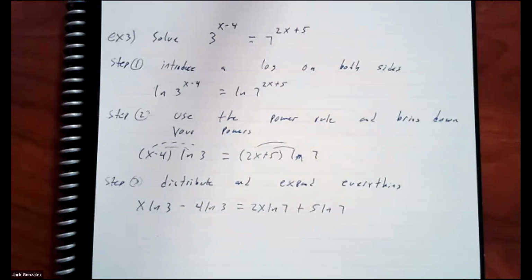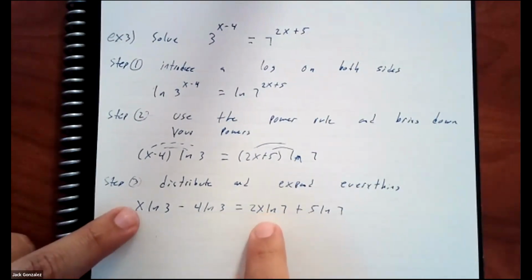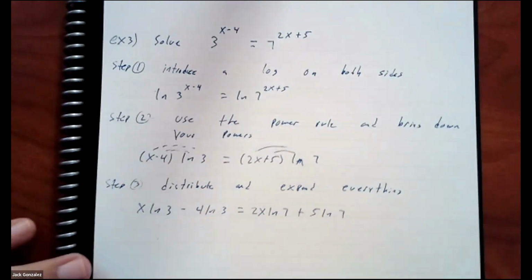Okay, so at this point, just group everything with an x to one side, everything else on the other side. Anything with an x, so these two we'll put on the left side. These two we'll leave on the right side.